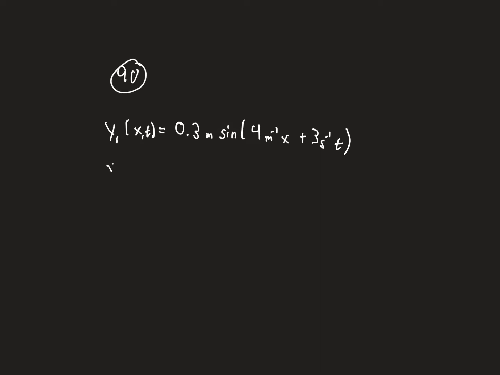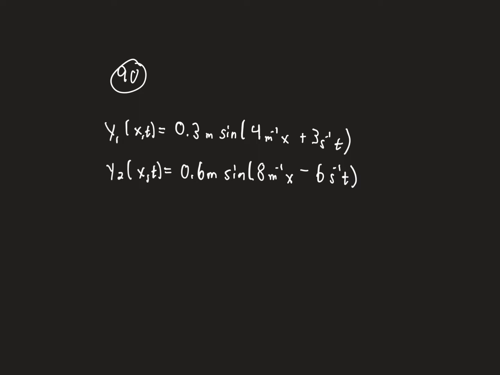And y2 of x and t is equal to 0.6 meters times the sine of 8 inverse meters, meters to the negative 1, times x minus 6 inverse seconds times t.